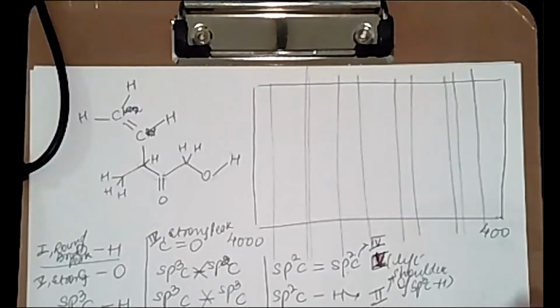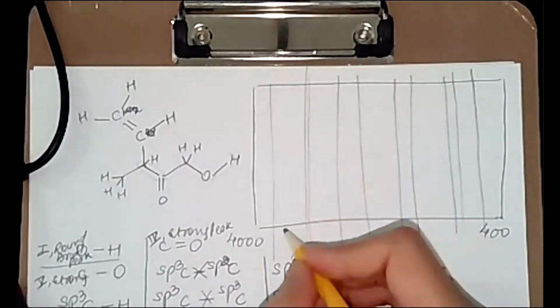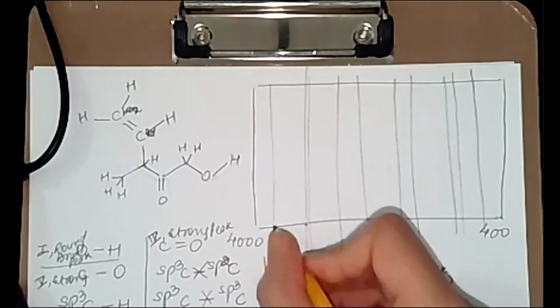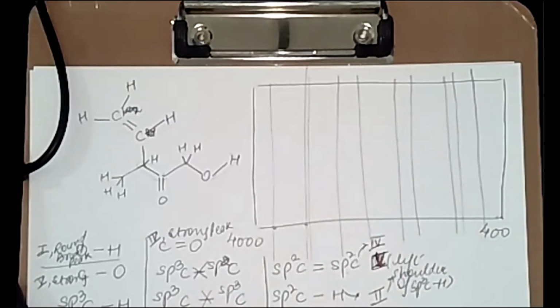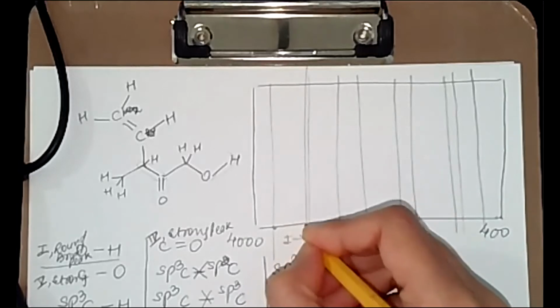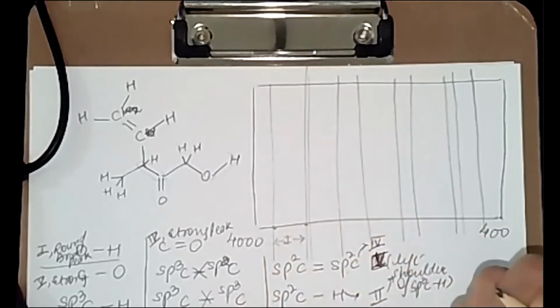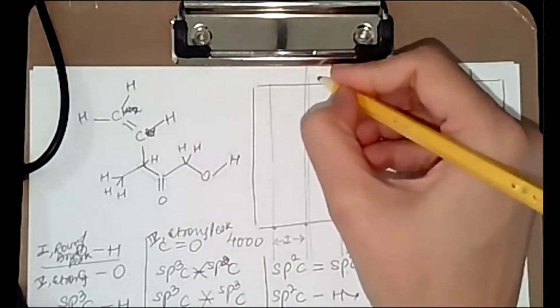I have here my own IR spectra, and I already divided it into segments. This is between 3200 and 3500, region 1. And you should also label all of your regions.